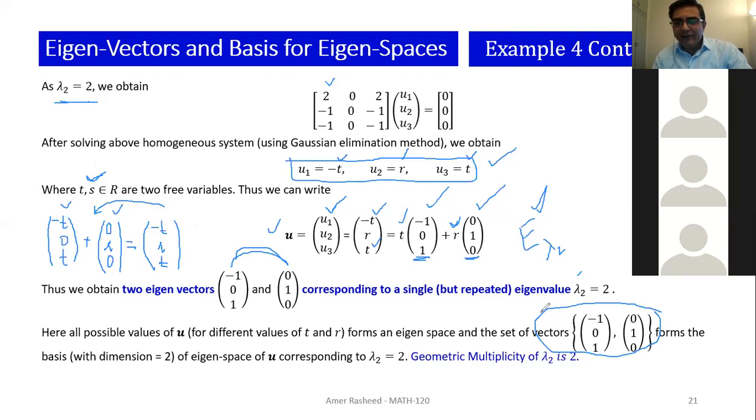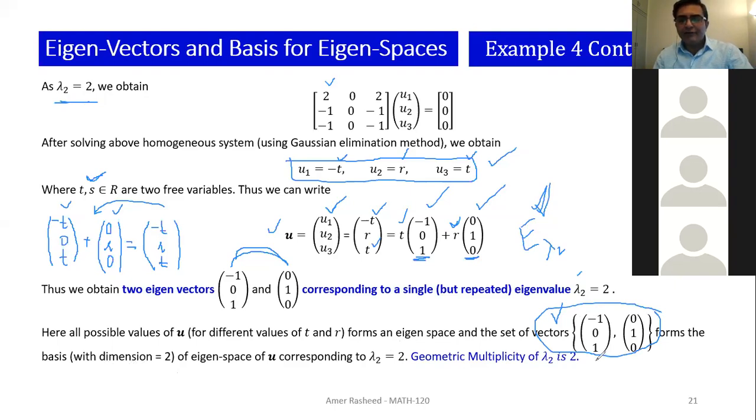And this set of vectors is called the basis for that eigenspace E lambda 2. What is a basis set? It is what generates a space. And what is the dimension of the basis?